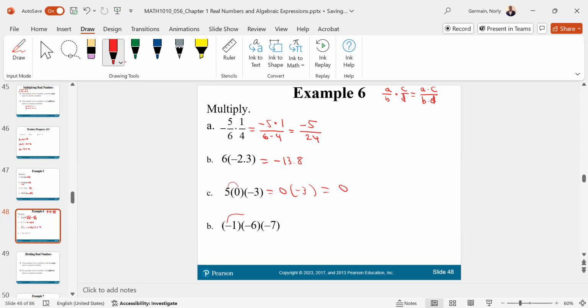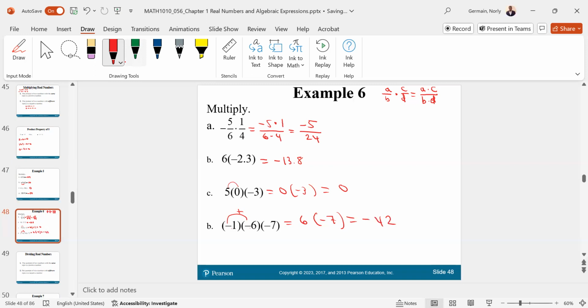You can do the first two together. We know these two become positive. -1 times -6 gives you only +6 times -7. Okay, we can do it step by step. That gives you -42. Remember, two different signs, answer is negative. That's the rule for multiplication.